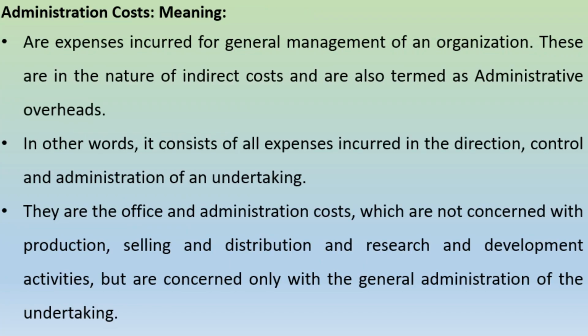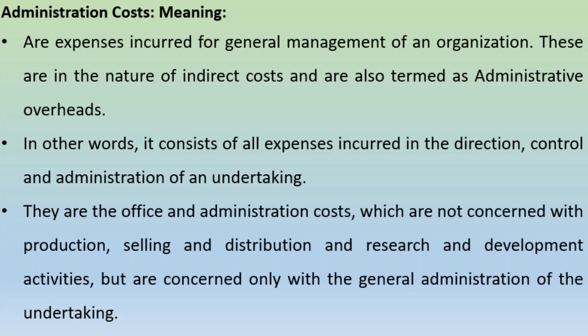Second type of cost on the basis of function is administration cost. Now, what exactly are administrative costs? They are expenses incurred for general management of an organization. These are in the nature of indirect costs and are also termed as office or administrative overheads.